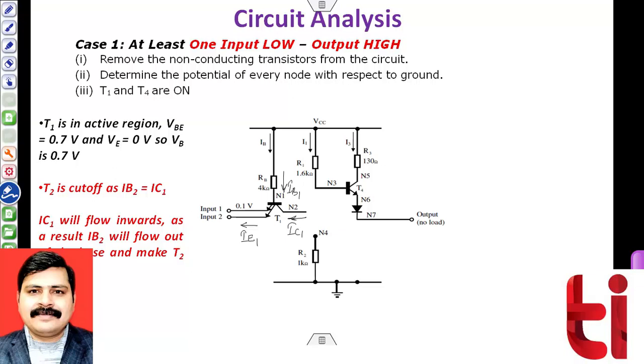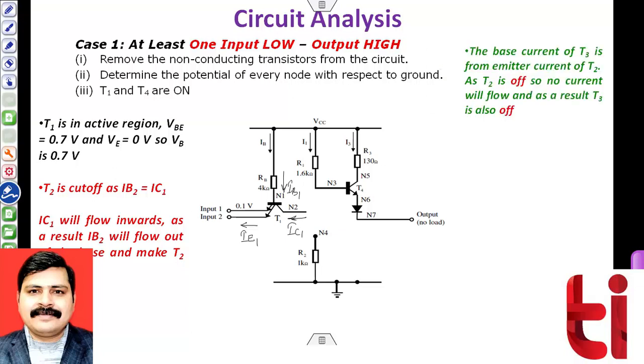That means the flow of base current for the second transistor will be opposite, and that keeps my transistor T2 in off condition. Secondly, the emitter current of transistor T2 is directly related to the base current of my transistor T3. So as transistor T2 is off, transistor T3 will also be off. So this is the working of the circuit.